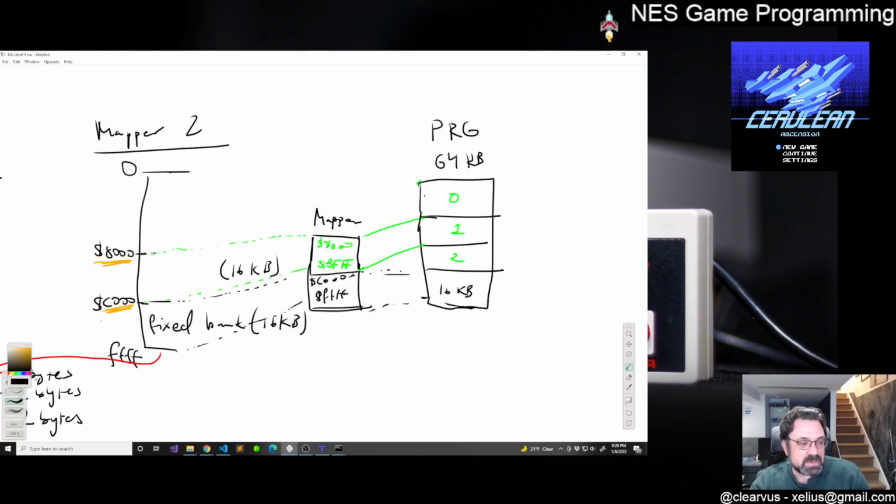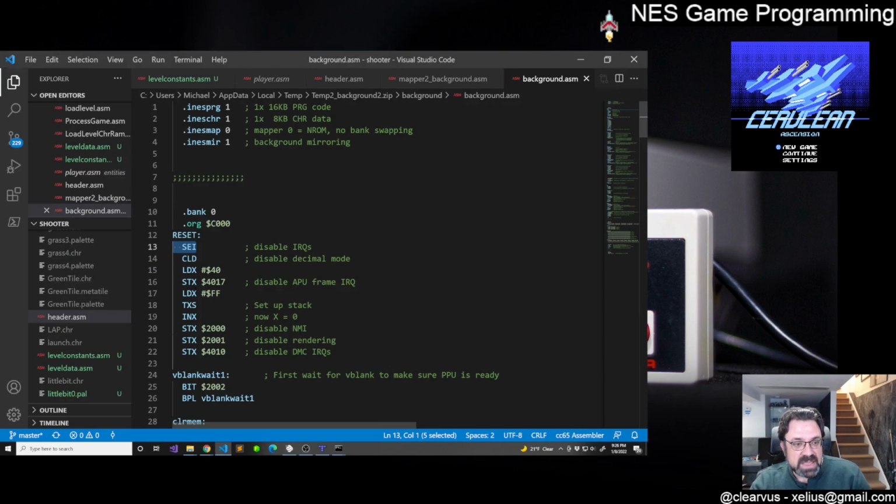You're just telling the assembler this code begins at this address range, so this reset label will be at C000, and any references to memory locations, specifically labels, will be calculated from this.